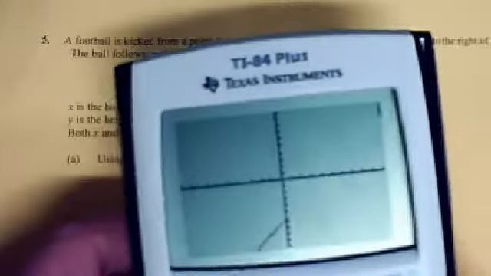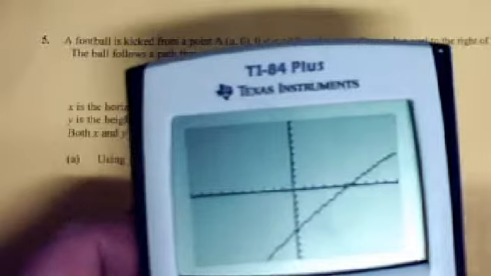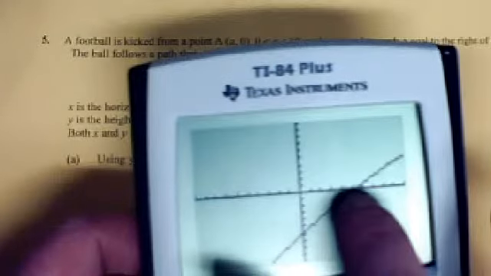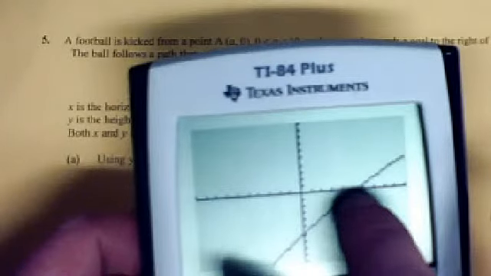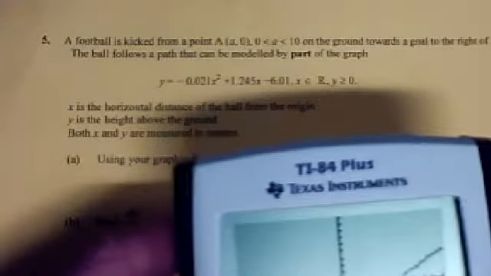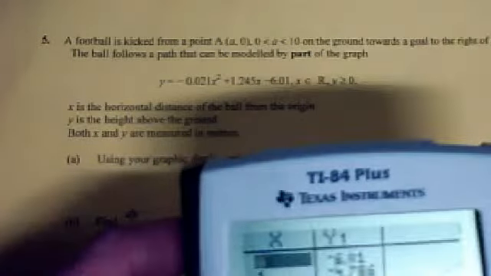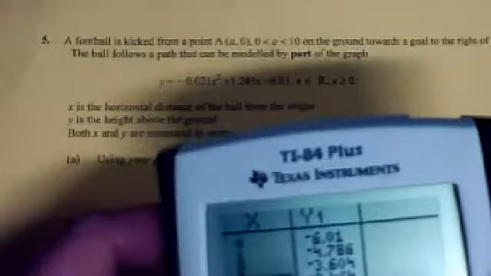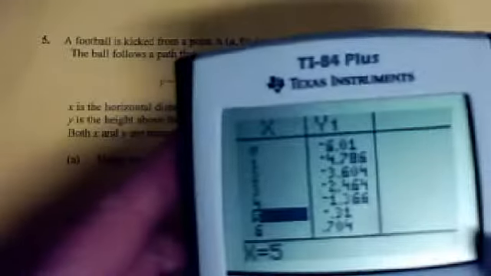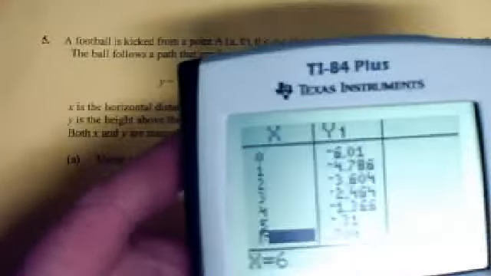And if we look at the table, or the graph, you can see right there is about our x, our A, that point where it's crossing through the ground. Now if I look at the table, I can tell it's between 5 and 6.